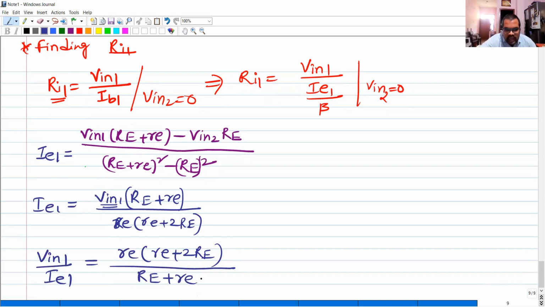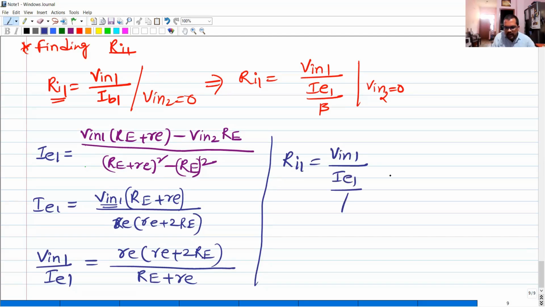Now in the equation to find RI1, that is Vin1 by IE1 by beta, where Vin2 is equal to 0.